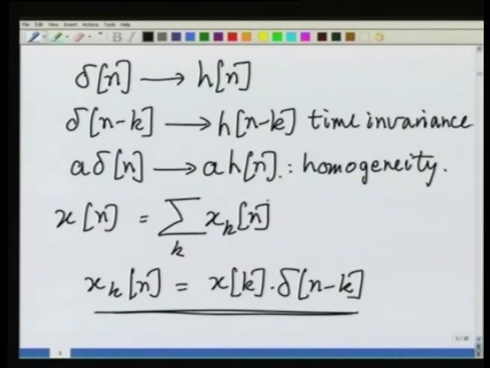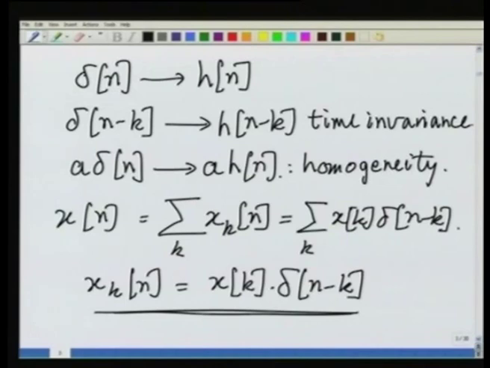This is a very simple and important fact to keep in mind. So, I will substitute that in this expression for x n and get our impulse representation in the form x k delta n minus k. It takes this form now. So, where do we go from here? Remember that the system is additive, it is homogeneous, it is time invariant.